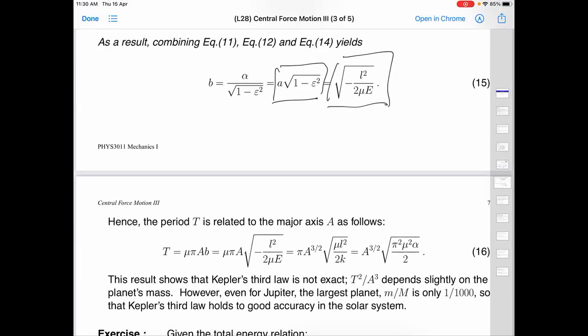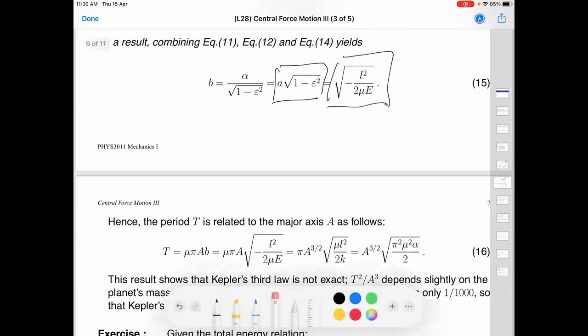And then making use of the definitions of capital A, the major axis. We know the semi-major axis, then the major axis can be done. We have this final answer.